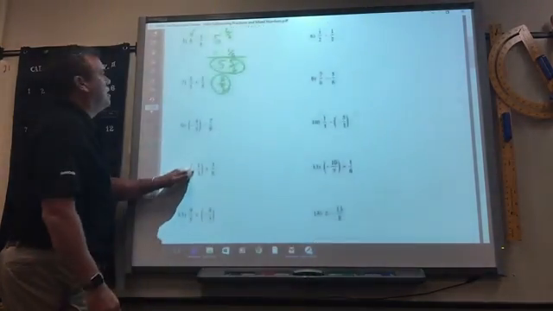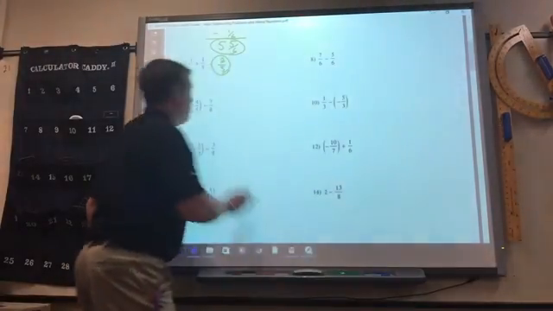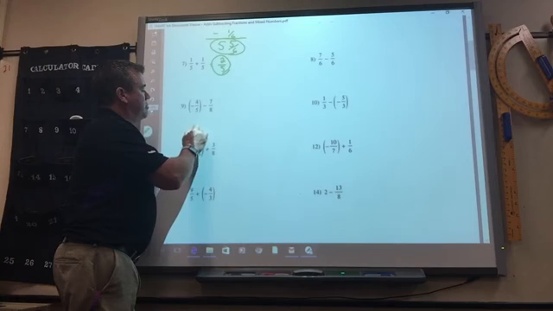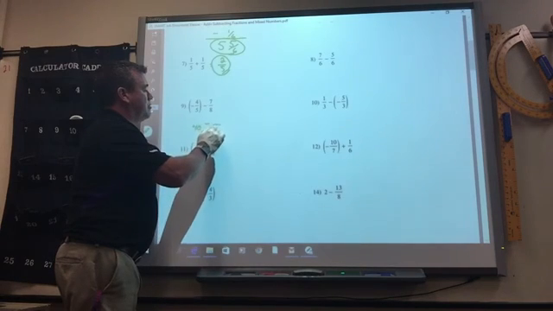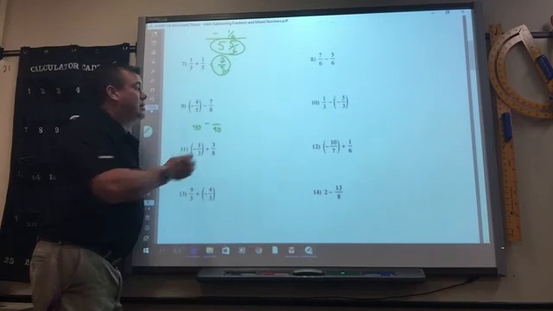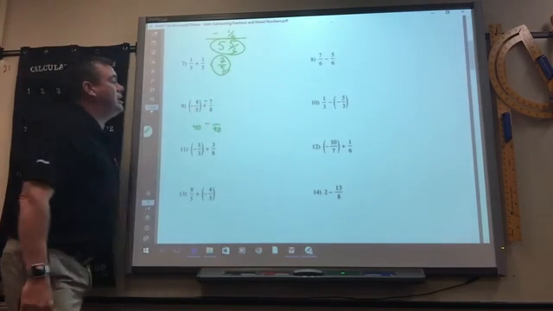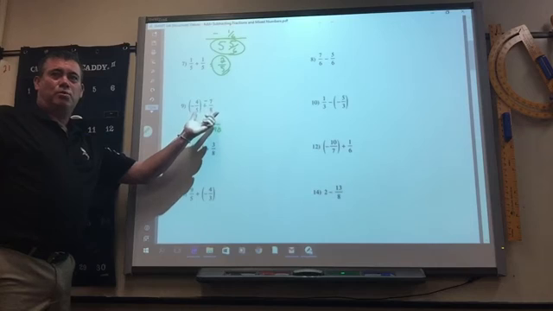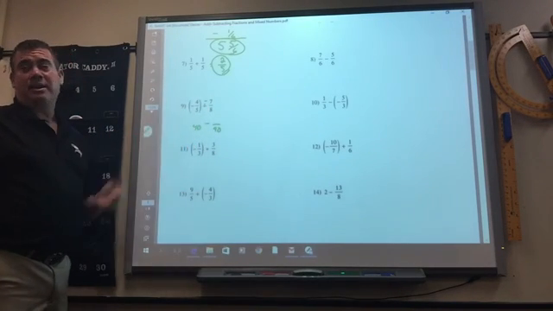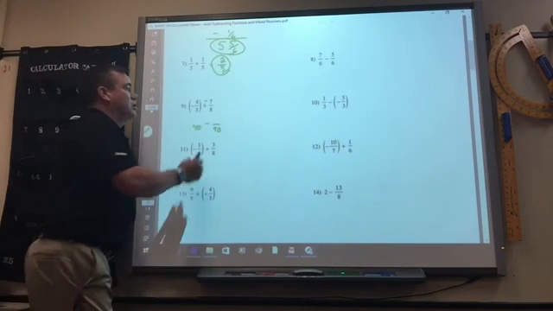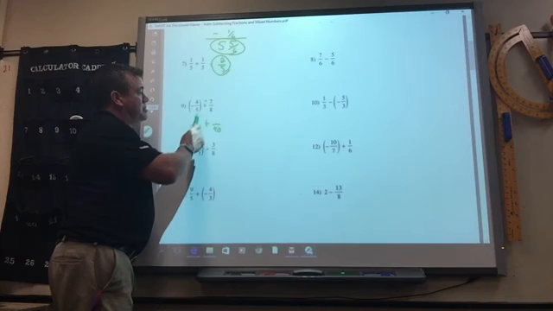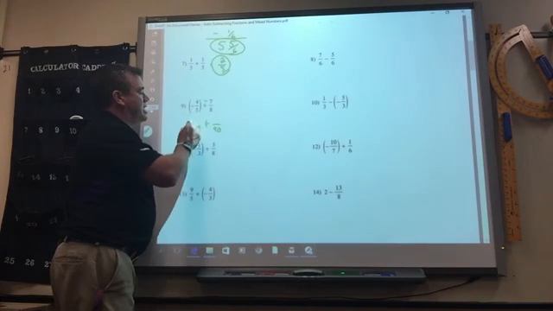Now we get to the ones where we have to get a common denominator. Someone said it? 40. So change that bottom to 40 and this bottom to 40. Now it's a subtract problem. Change the sign, change the sign. So they're both negatives, which means you're going to actually add them together and keep the negative, right? 5 times 8 makes 40, so take this times 8.